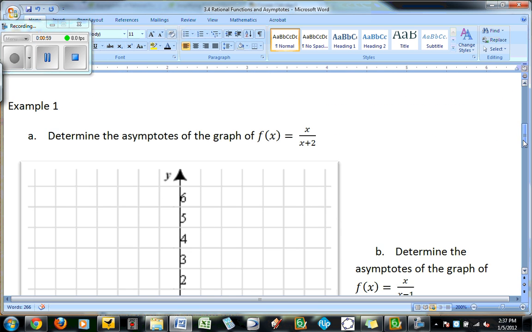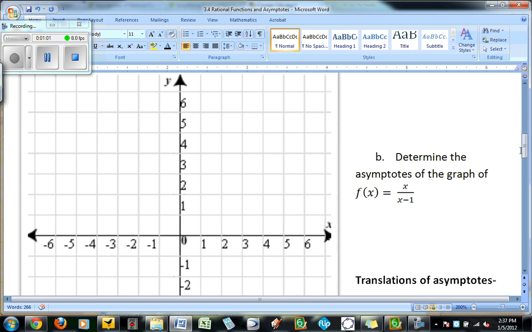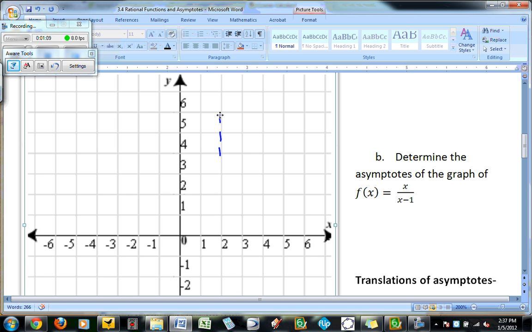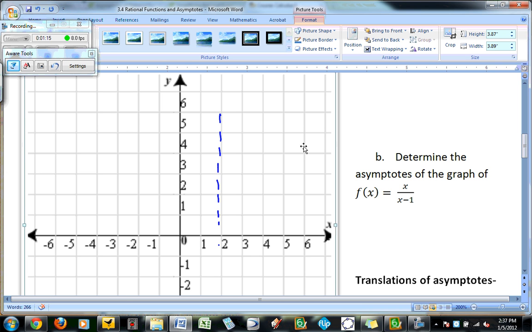Let me give you a visual representation of what an asymptote is real quickly. Let's use a graph that we know: the graph of 1 over x. It would look like this, and then on the other side, like that.